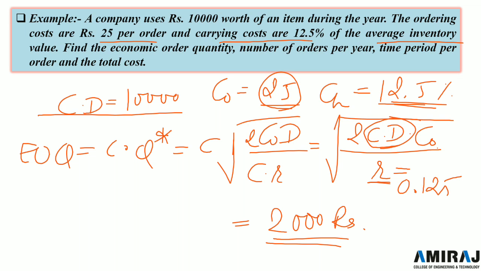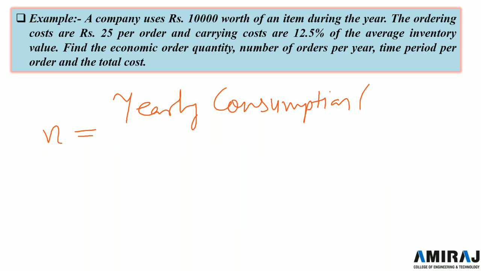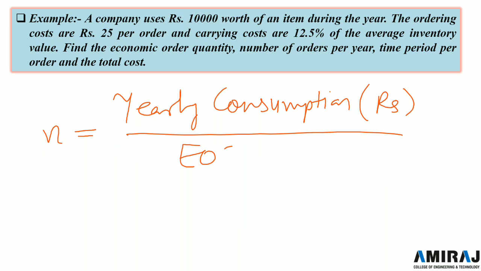Now the number of orders per year required, that is the small n, is the yearly consumption in rupees divided by the economic order quantity in rupees. So yearly consumption is 10,000 per year, so it will be 10,000 divided by 2,000.